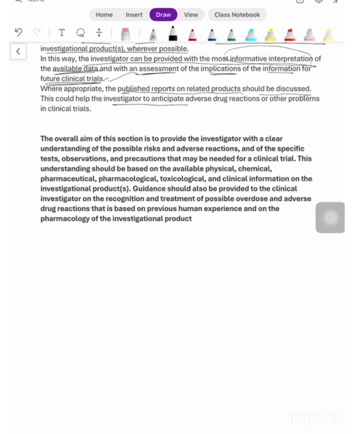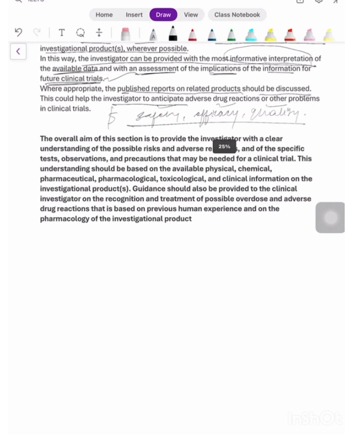Basically हमारा main goal क्या है, that we want our clinical trial to be successful from both the aspects, from business aspect also because we are spending so much money, and most importantly from safety, efficacy, purity and quality, that my drug under investigation is safe, effective and a quality drug. So that is why we are doing all this hard work.